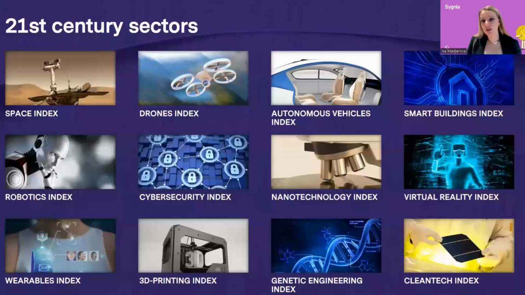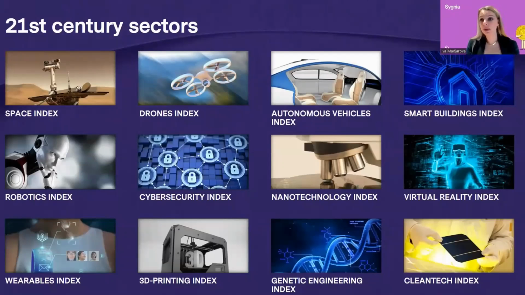So what are these 21st century sectors? Well, there's a number of subsector indices that they calculate. And if you just look at some of the names of these subsectors on the slide, you can appreciate that these are all of the new technologies that are really driving the 4th Industrial Revolution. So in the space index, for example, you would have companies that are involved in space exploration or the mining of rare earth metals.